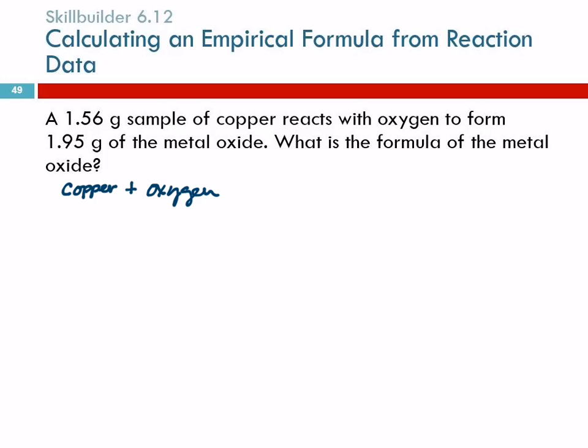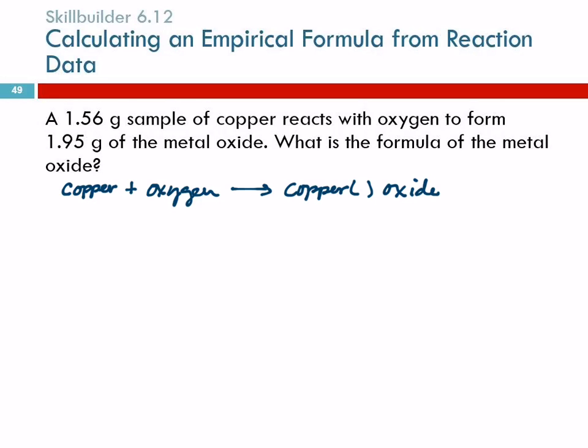But for now, we're just going to do this. Copper plus oxygen is going to make this metal oxide. It's some sort of copper oxide. We don't know what its formula is. I'm just describing in a more simple way what that sentence is telling me.